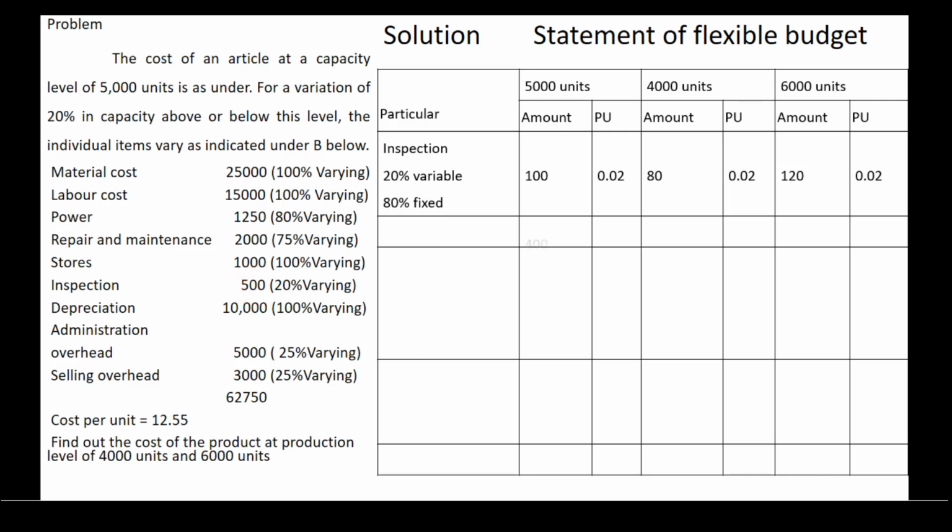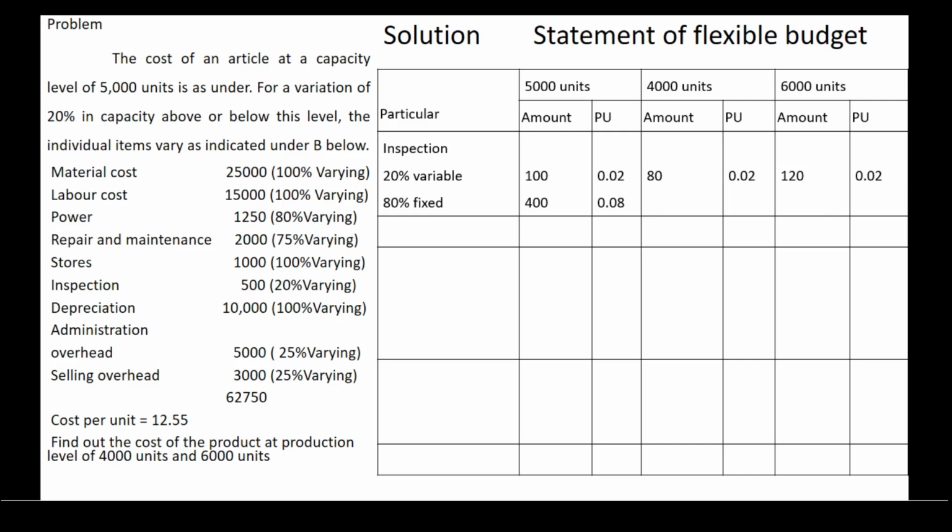So now that amount is rupees 400 and the cost per unit is calculated as 400 divided by 5000 units. So now the cost per unit is 0.08. And the next one for the 4000 units. So this is the fixed cost. So the amount is constant at all capacity levels, but the cost per unit changes.